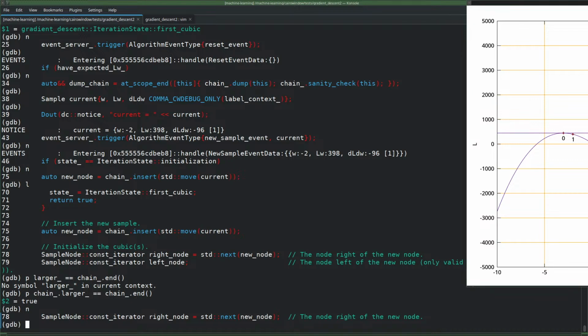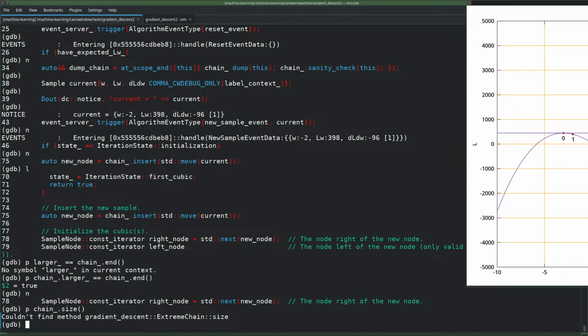So now we have chain size is 2. It so has that. Oh no, I don't have a size. I have an empty.